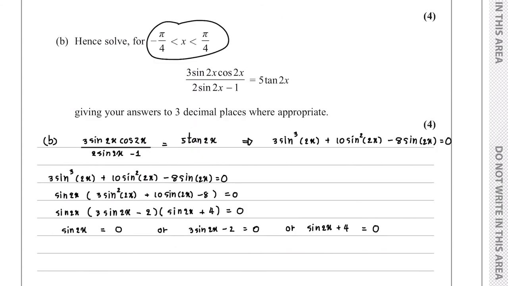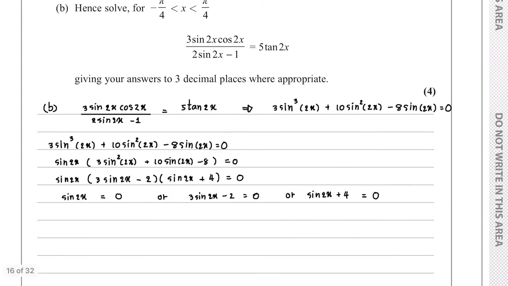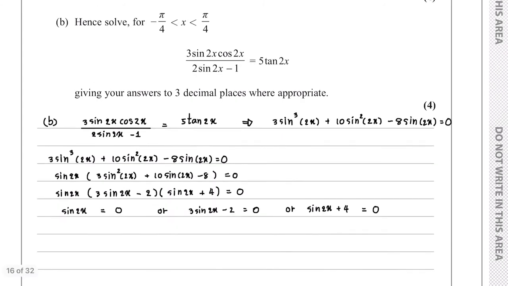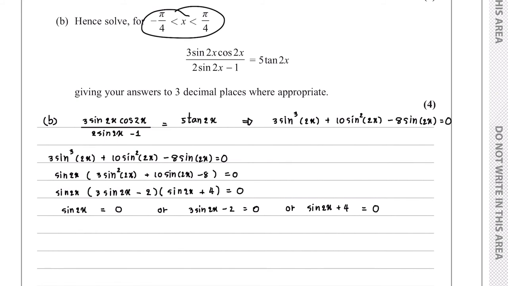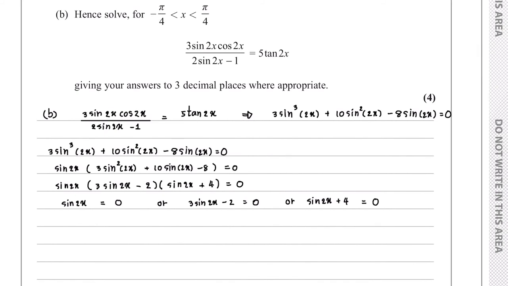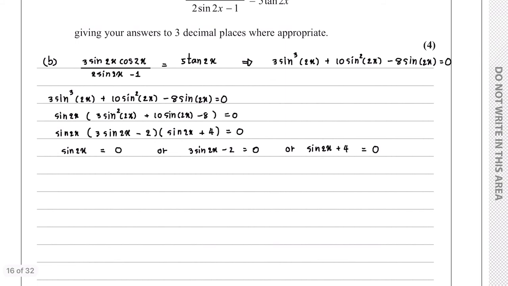In this problem, x varies from negative pi over 4 to pi over 4. But then we have a double angle here, so we have to make this range the range of the double angle. To change it to double angles, we can just multiply by 2 at each term here. So the new range will be negative pi over 2 less than 2x less than pi over 2.